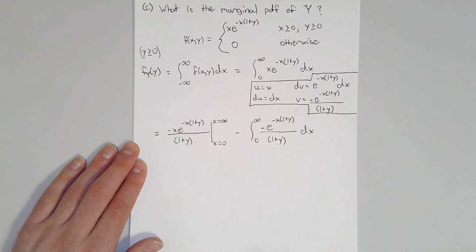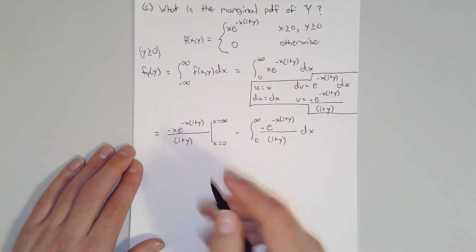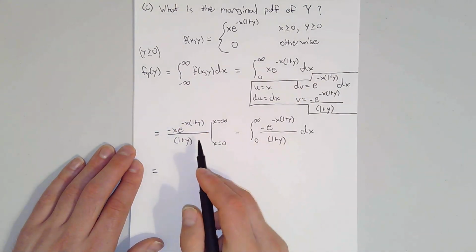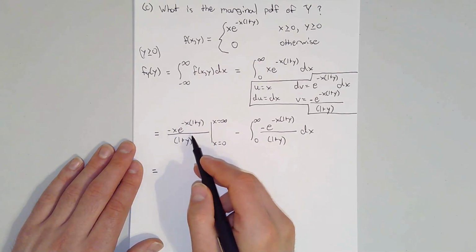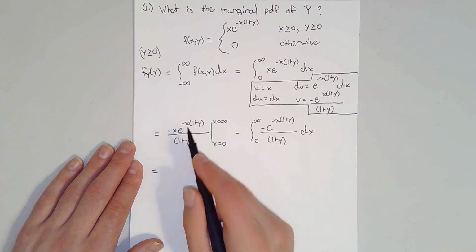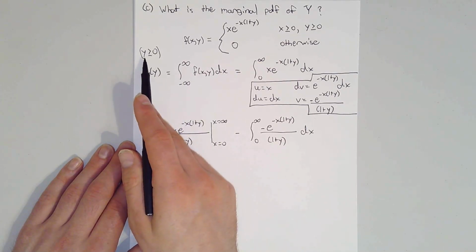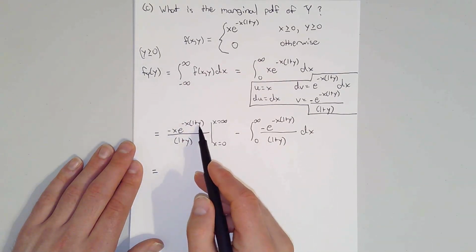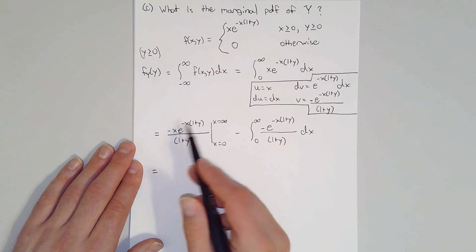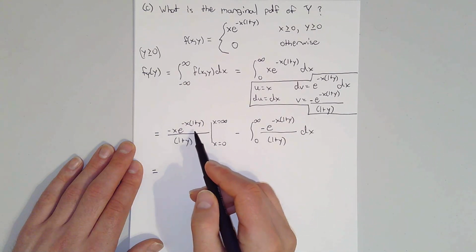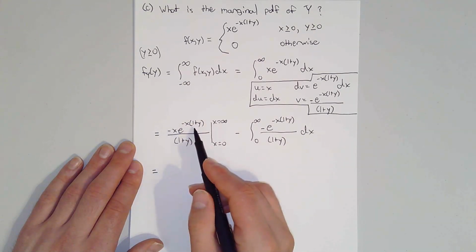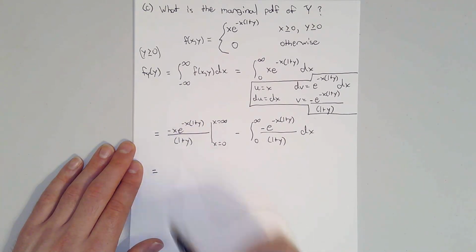just like so. So if we look at this expression here, the first one, the limit as x goes to infinity of this expression is actually equal to 0. And that's because since y is non-negative, 1 plus y is positive. And you can show using L'Hopital's rule or whatnot that in the numerator here, that must go to 0 as x goes to infinity.